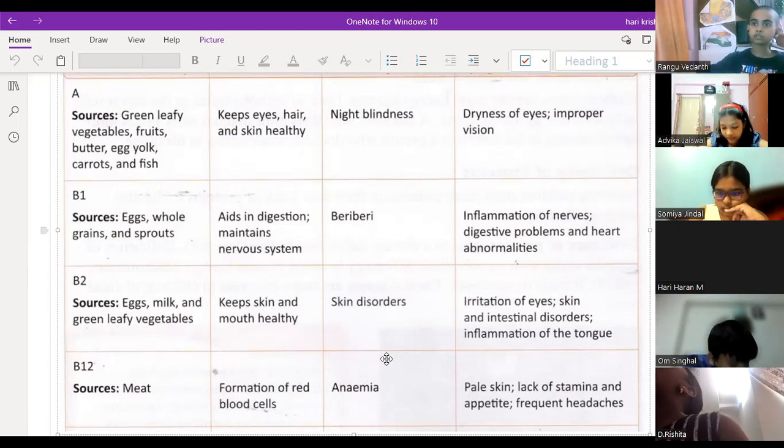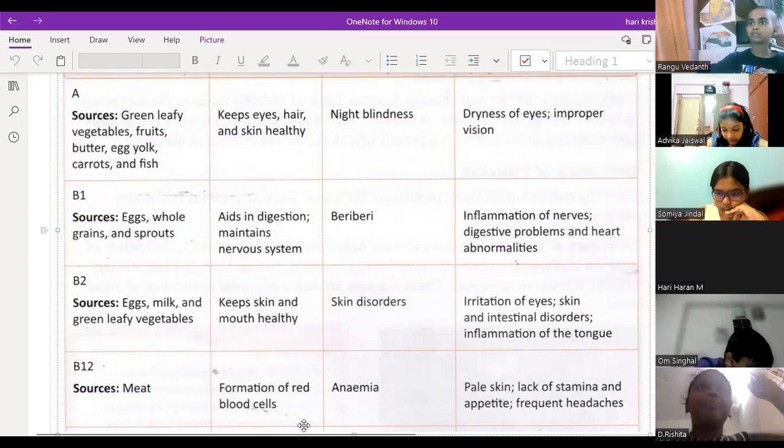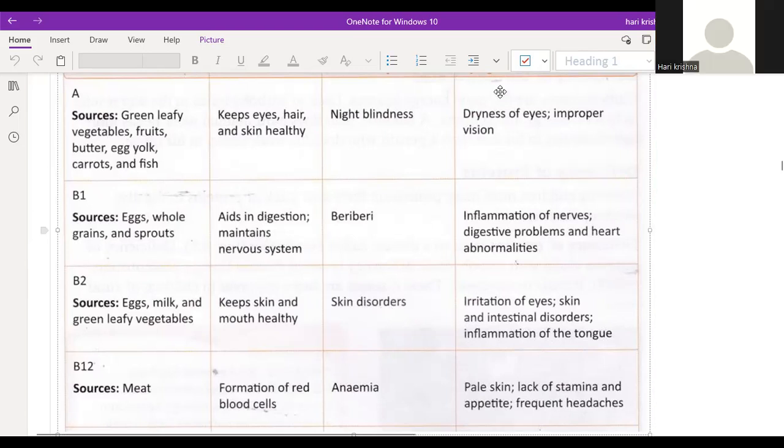So can we continue? Yeah, we'll continue. Next, what are the symptoms of deficiency of vitamin B2? Sir, irritation of eyes, skin, intestinal disorders, inflammation of the tongue. Skin disorders.